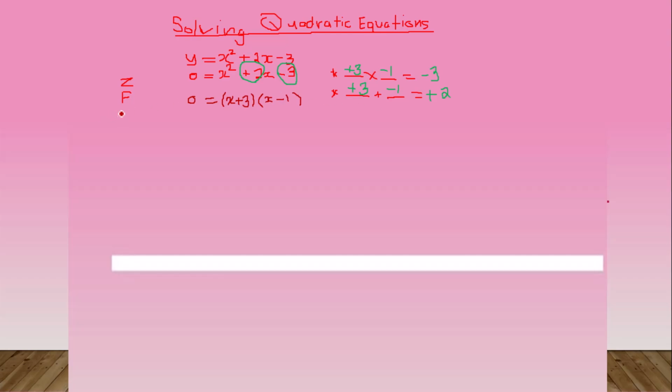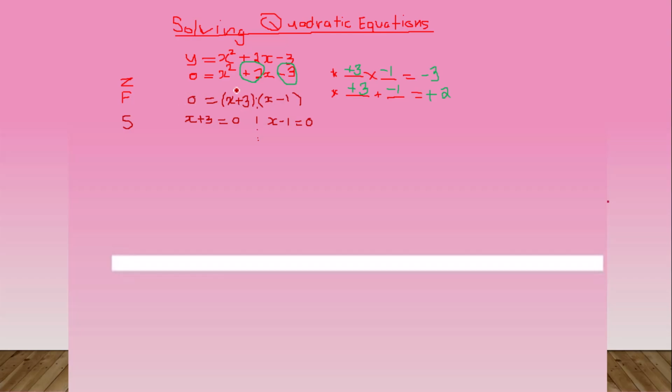Then the next thing we do is solve for x, and in order to do that, we separate these 2 factors and make them equal to 0, and then we solve. Now, why do we equate these factors to 0? Well, it comes from the fact that if you multiply anything with a 0, you always get a 0.